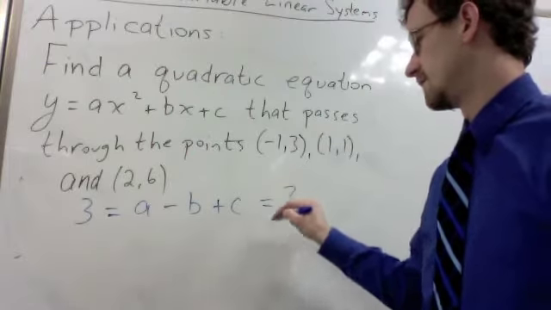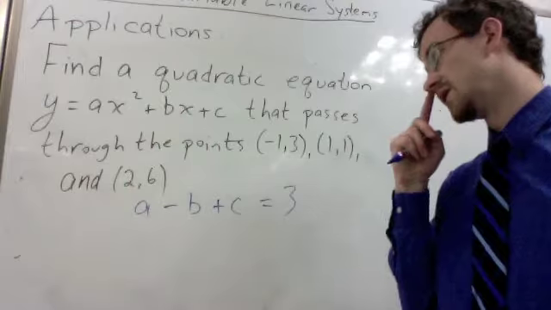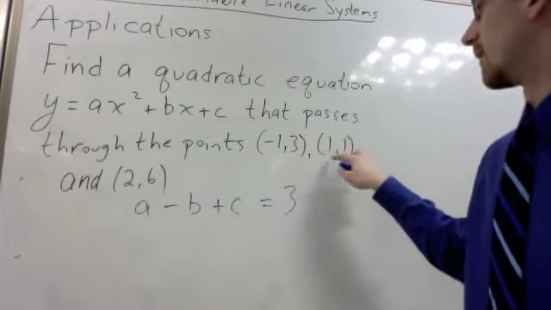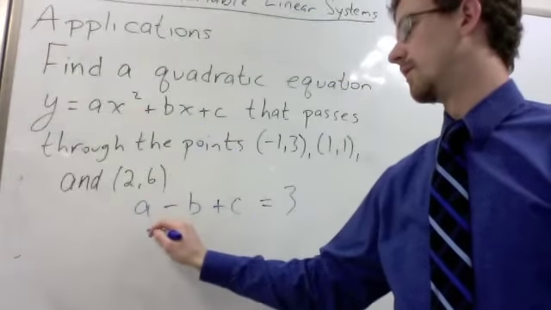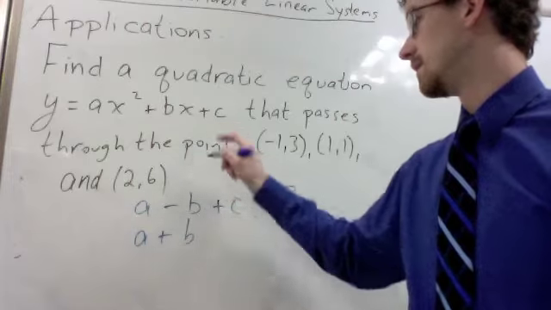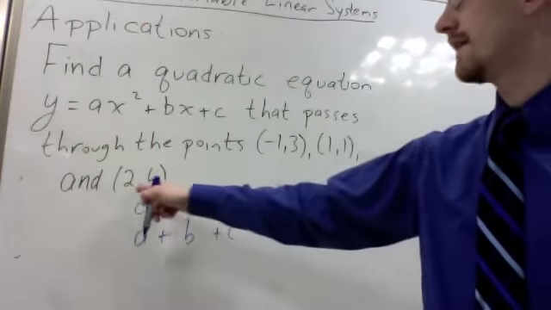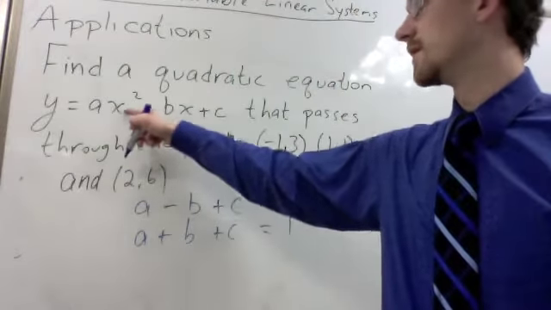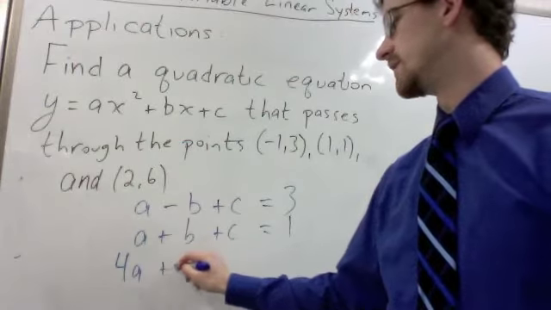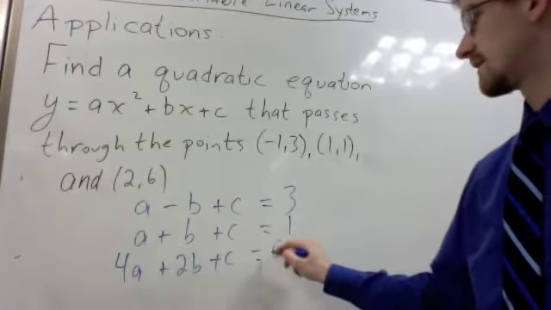And I'm going to swap this 3 over to the other side, just so that it looks more like our systems usually do. If we put in 1, we have the ordered pair 1 comma 1. Put in 1 for x, we get a plus b times 1 is b plus c equals y, which is 1. And the ordered pair 2, 6. 2 squared is 4, 2b is 2b, plus c equals 6.